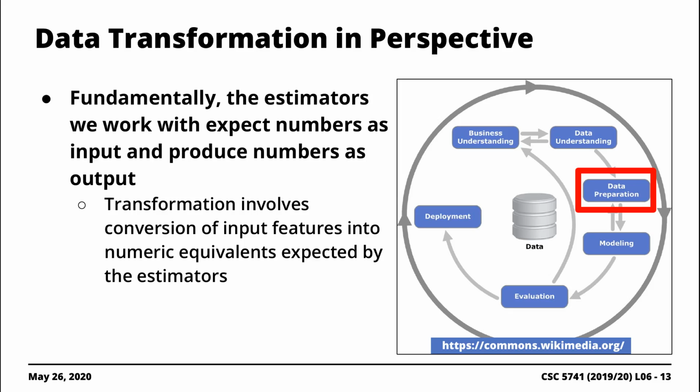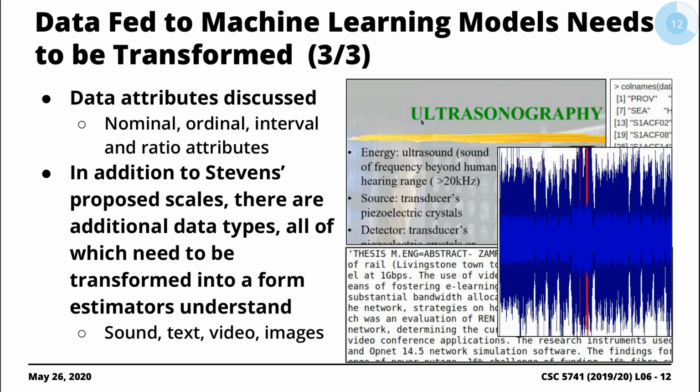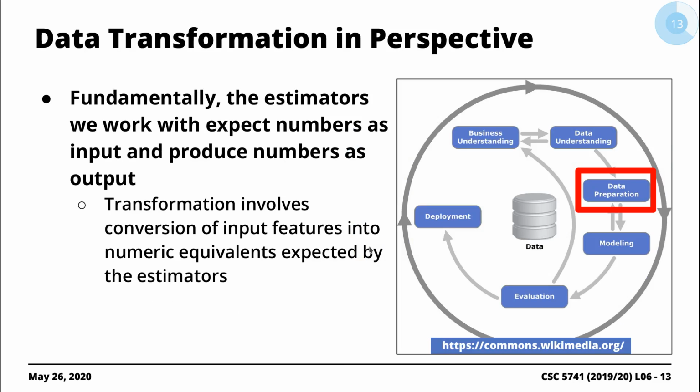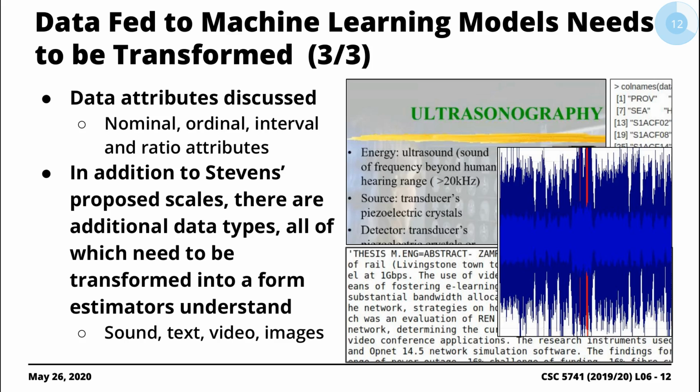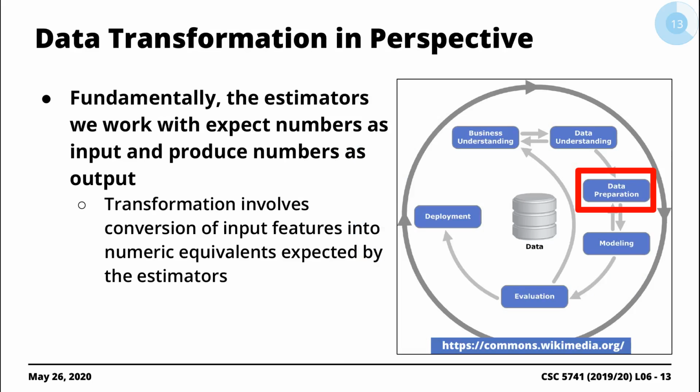Okay? Again, we need to do that because fundamentally these estimators would typically expect that we provide the input features in the form of numbers, not text or raw images, but numbers. And so fundamentally, this whole data transformation process is essentially nothing more than a conversion process that takes data in this raw form, a form that human beings are able to understand, into a numeric form that these estimators are expecting or able to interpret.